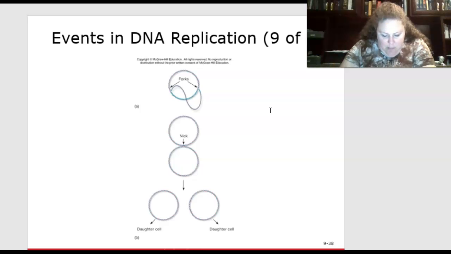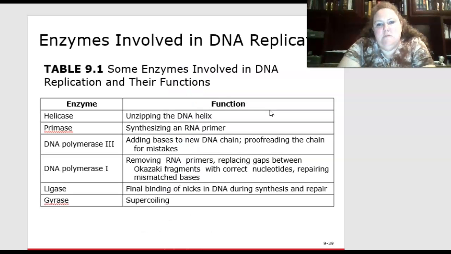So in A, up at the top, this is when, as the replication proceeds, one strand loops down. Where B, the final separation is achieved when the enzyme cuts and releases two completed molecules. And each daughter cell is going to receive one completed chromosome during binary fission coming together. Okay.